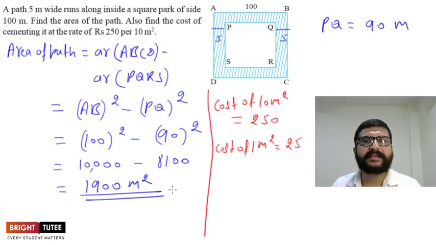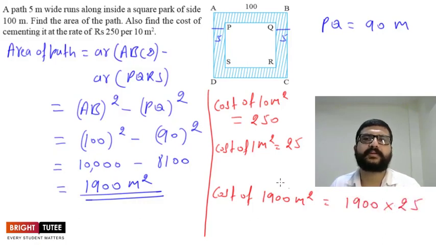Now cost of 1900 square meters. So cost of 1900 square meters will be equal to 1900 into 25 because cost of 1 square meter is rupees 25.